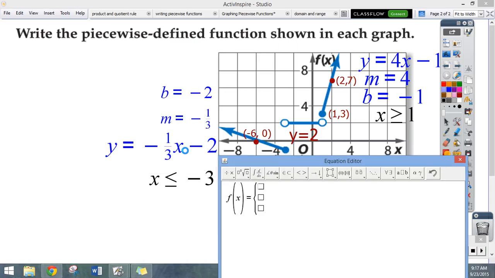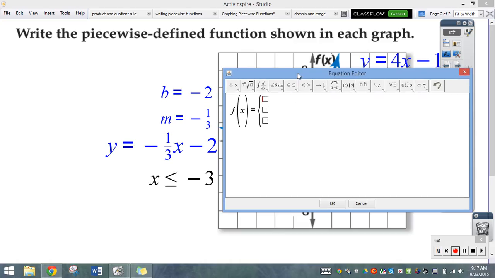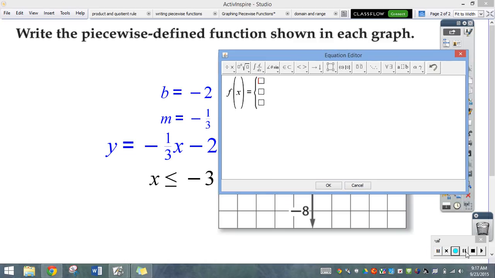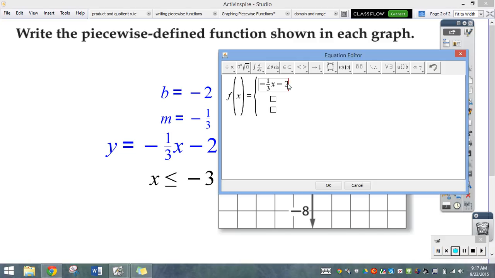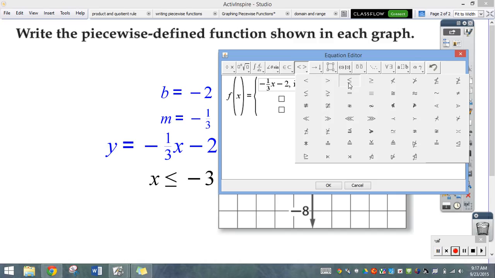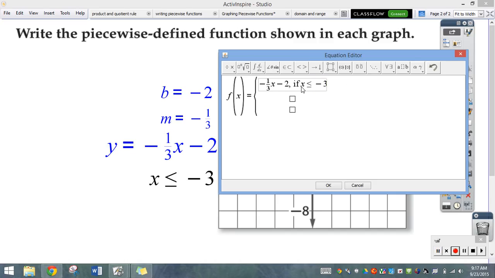And so our leftmost piece here is the equation negative 1/3 x minus 2. You drop the y equals when you put it in function notation. And so I would need to put that into my equation. And then I also need to include the domain, which is x is less than or equal to negative 3. So I put a comma, I write the word if, and then I put x is less than or equal to negative 3.